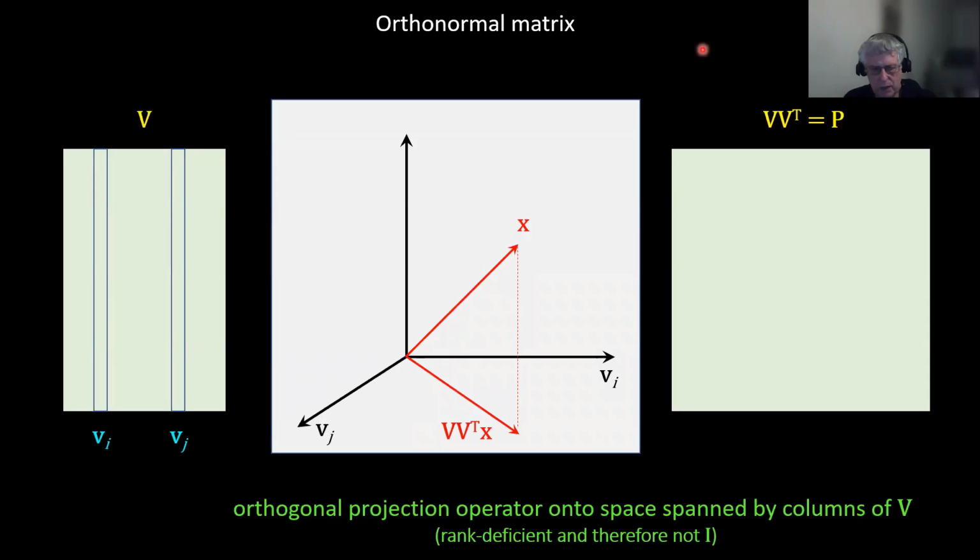If we pre-multiply by V V transpose, we project that vector onto a subspace of vector space which is spanned by the columns of V. And if we pre-multiply that vector x by I minus V V transpose, then we do an orthogonal projection of x onto the orthogonal complement of the vector subspace which is spanned by the columns of V. This is very big, very important when we talk about model calibration next webinar.